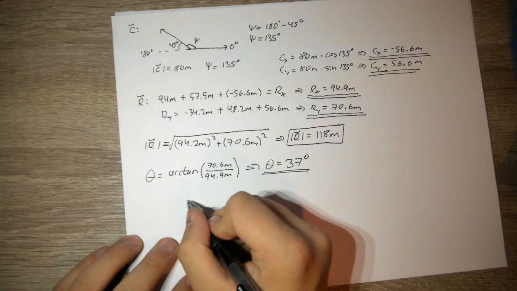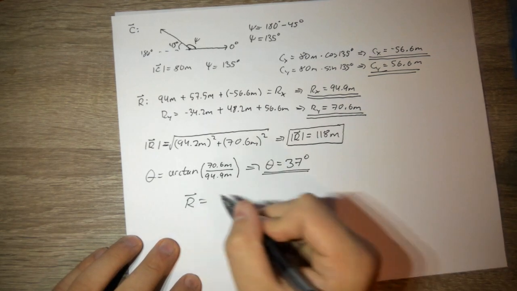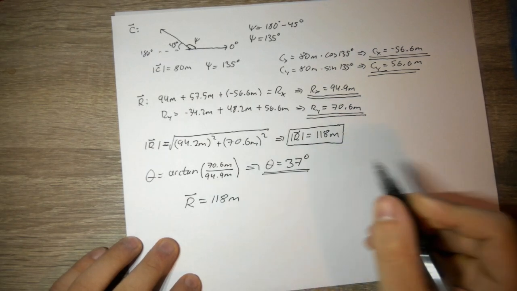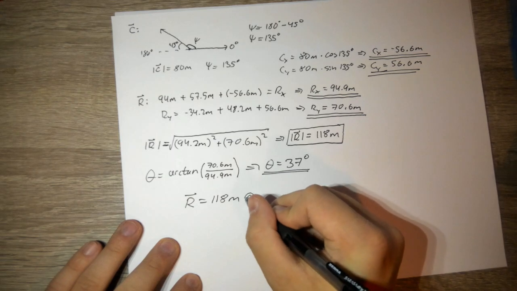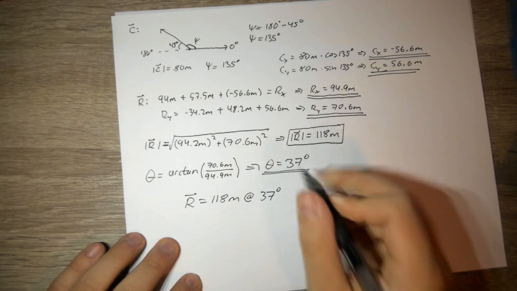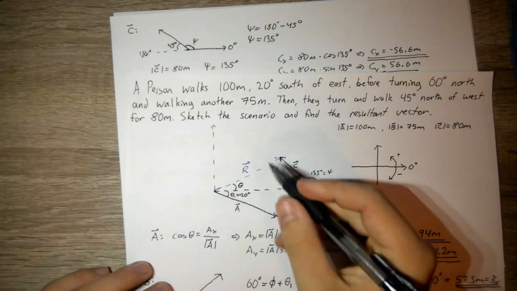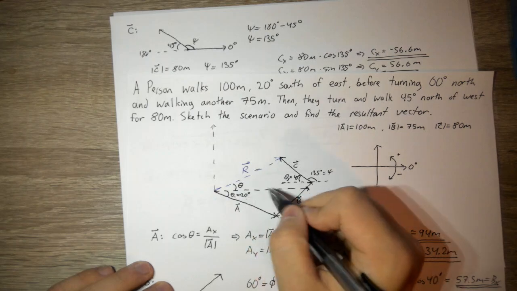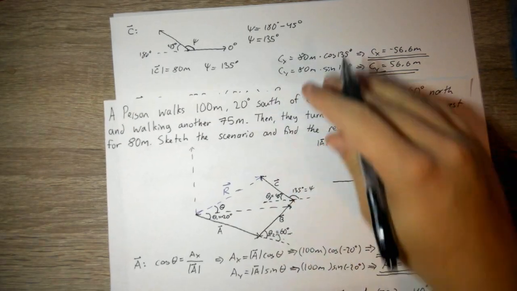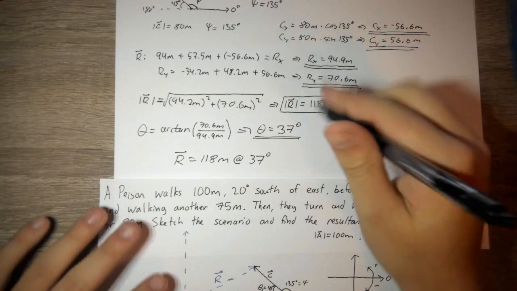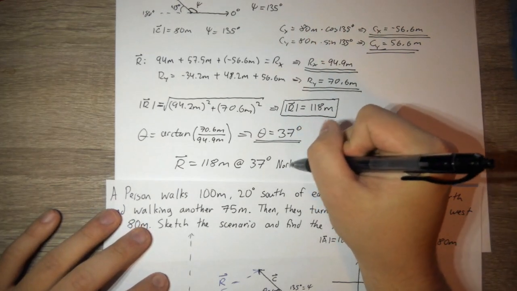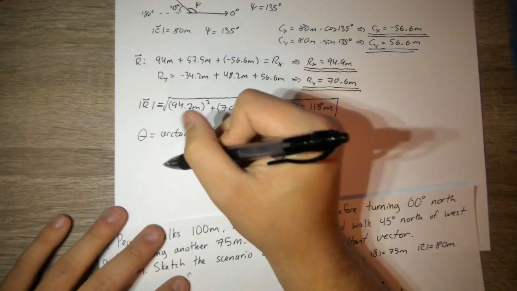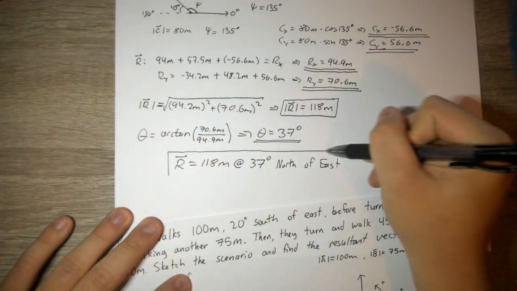And for the last thing, as always, write out your vector. So the resultant vector is 118 meters at 37 degrees, and we're in the first quadrant with respect to the x-axis, and so we have north of east. And that is the final answer.